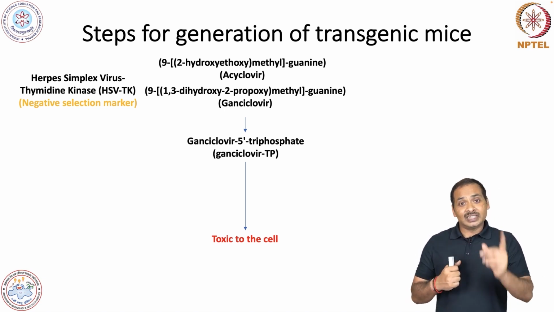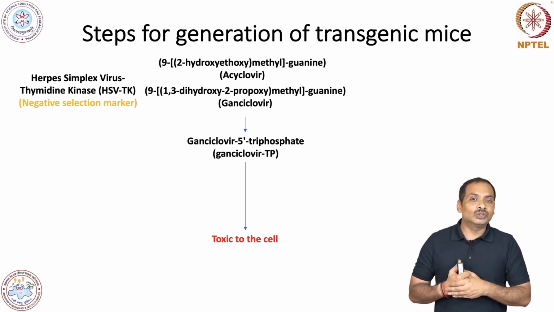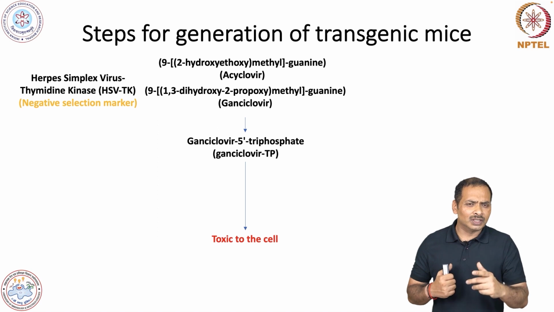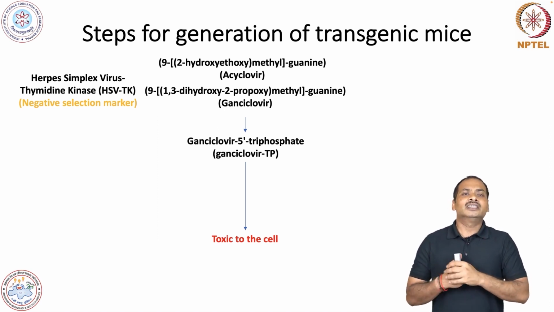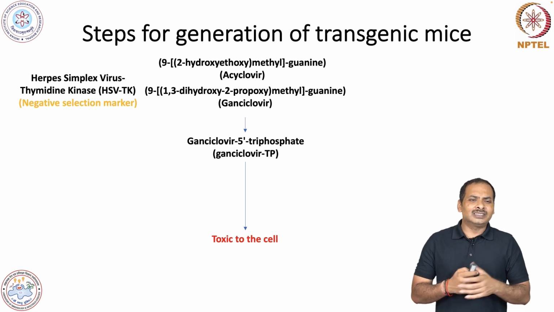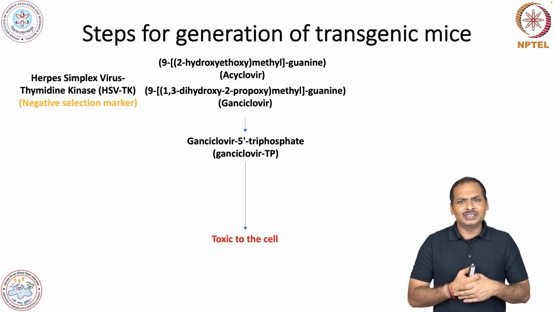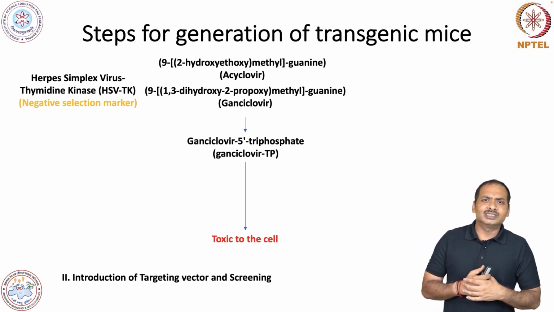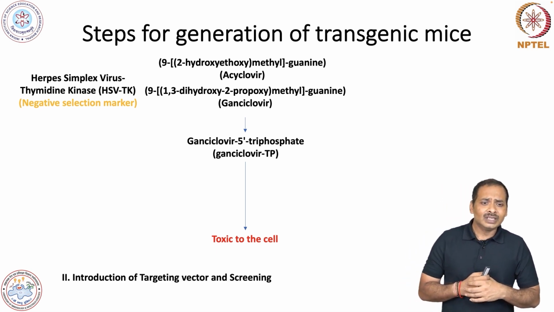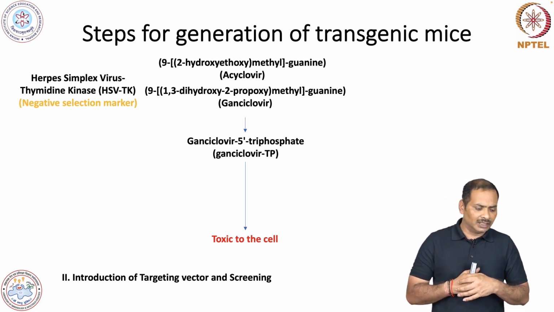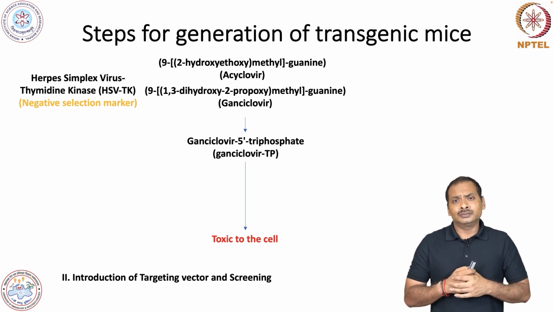So, the cells which are growing on G418 as well as ganciclovir, they are the correct cells. Okay. So, in that way we can select. It seems very simple, but it takes maybe 6 months or a year to conduct this kind of thing. Okay. So, I have already explained how you will introduce the targeting vector and you will screen.